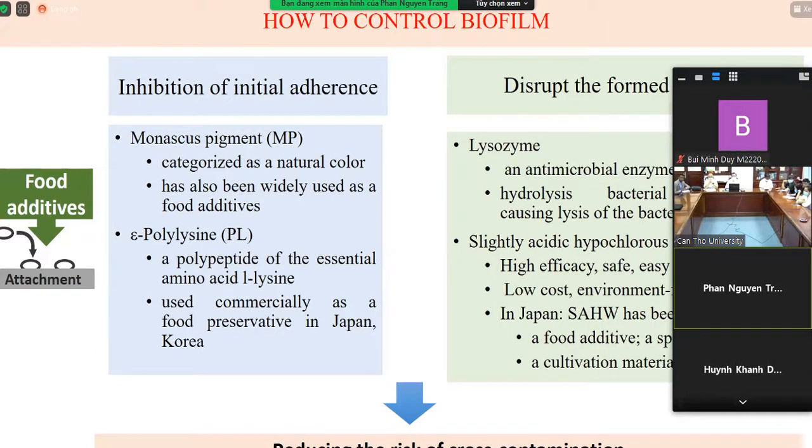With a high amount of hypochlorous acid, SASW has high antibacterial activity. In Japan, SASW has been used widely. We hope the treatment of biofilm is expected to reduce the risk of cross contamination, especially inside the processing environment.